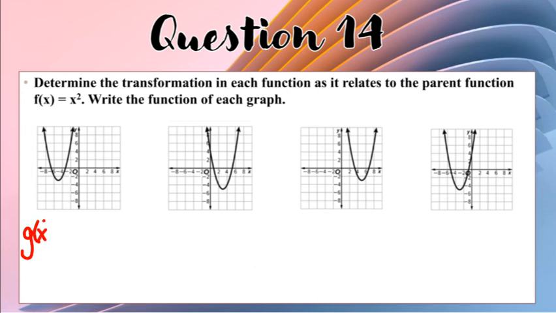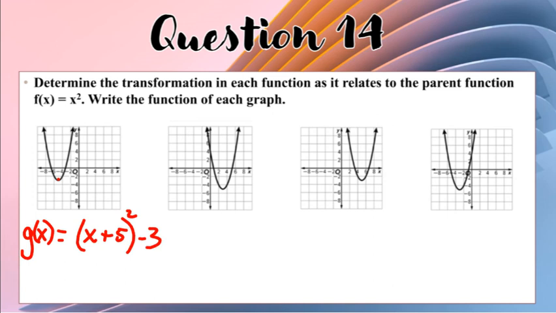So g of x equals, and I need to find the vertex here. The vertex here shifted from 0, 0 to -5, which would make this x plus 5 squared, and then it shifted down 3, so that's a -3.